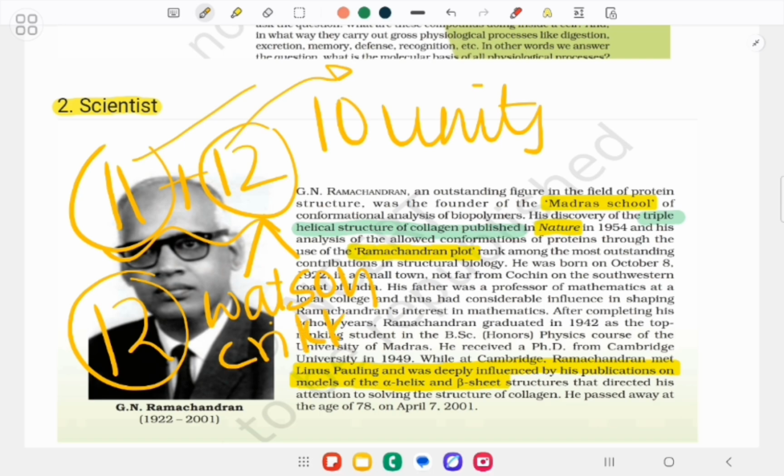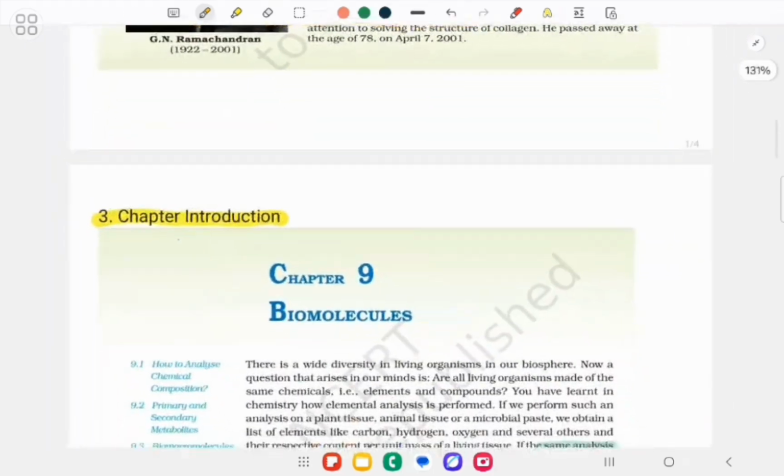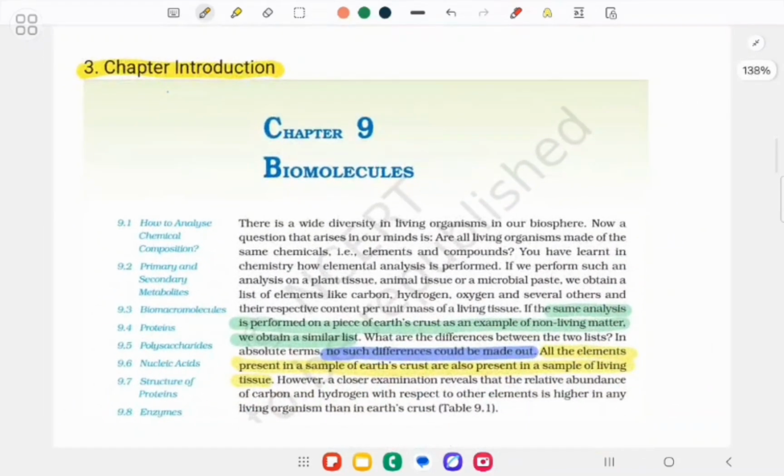In class 12th, in the unit genetics and evolution, they have given two scientists, Watson and Crick, so there will be 1 plus 1. Also in the biotechnology unit there are two scientists, Stanley Cohen and Herbert Boyer.